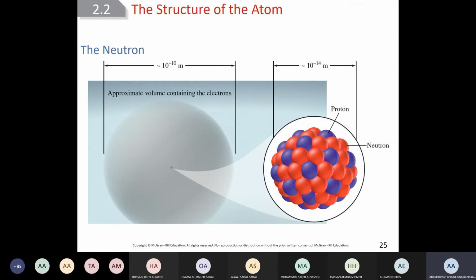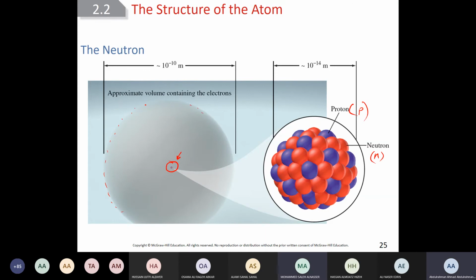There is a nucleus. What's this called? Nucleus. What's in the nucleus? Protons and neutrons. If we enlarge the nucleus, this is the nucleus. This is called protons. We're going to represent it by which letter? P. What's the neutrons? N. And outside, they are what?